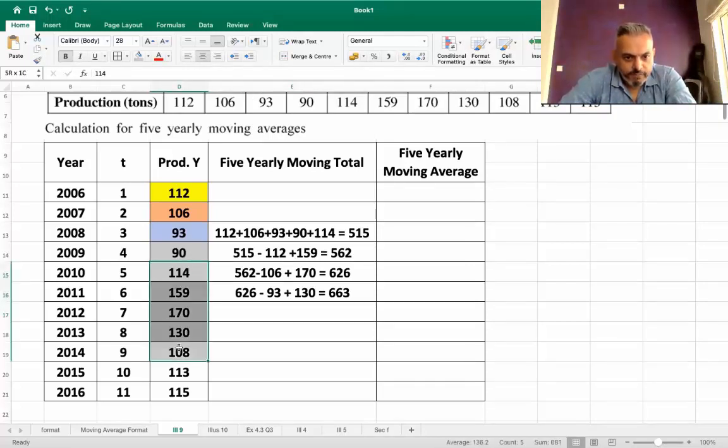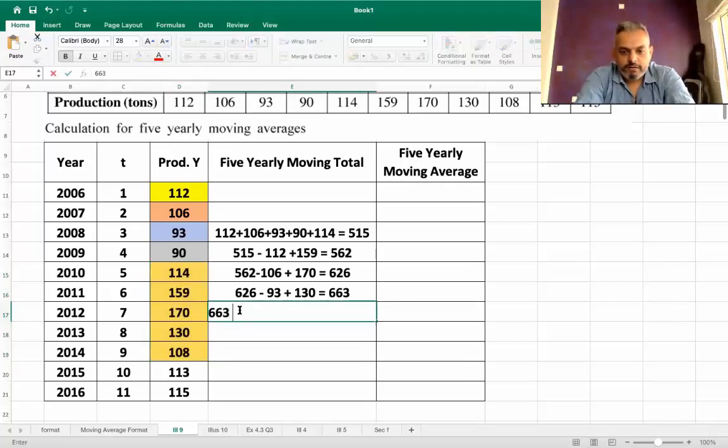Another 5. Now 663 minus 90 plus 108, 681.